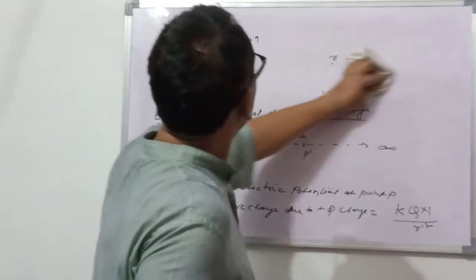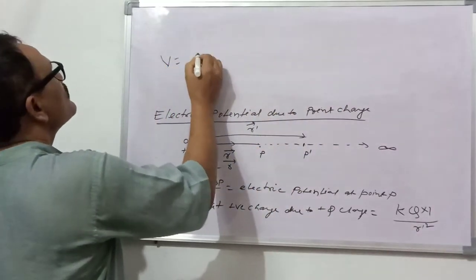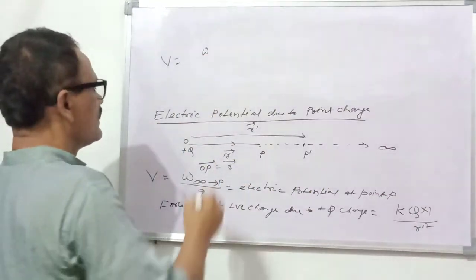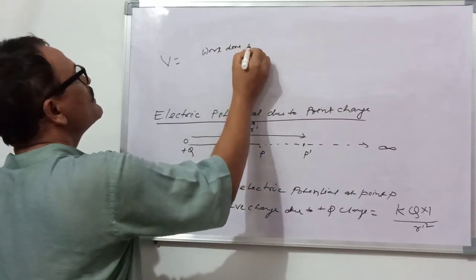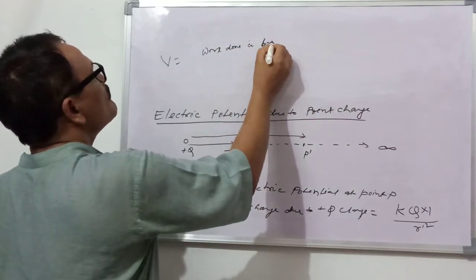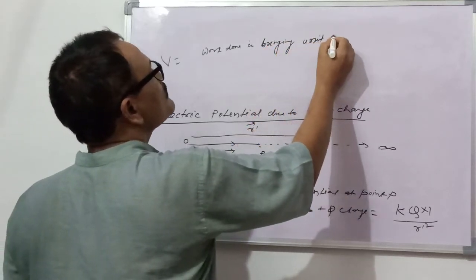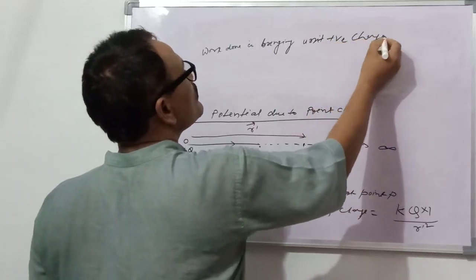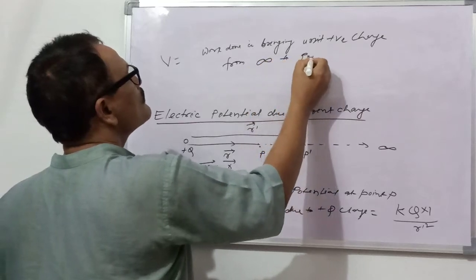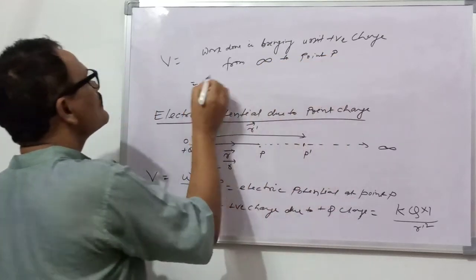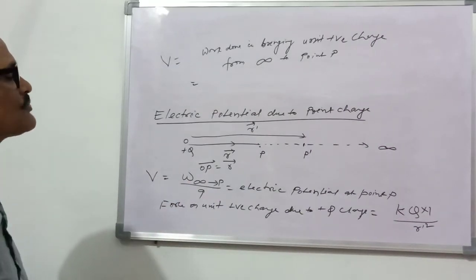According to the definition of the potential, the work done in bringing unit positive charge from infinity to point P is equal to force into displacement and the cosine of the angle between them.